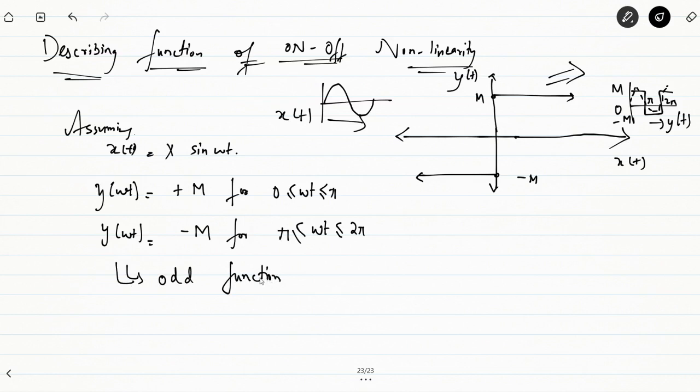After the half wave 0 to pi, the response is actually getting repeated. So y of omega t can be set equal to y of omega t plus or minus pi.